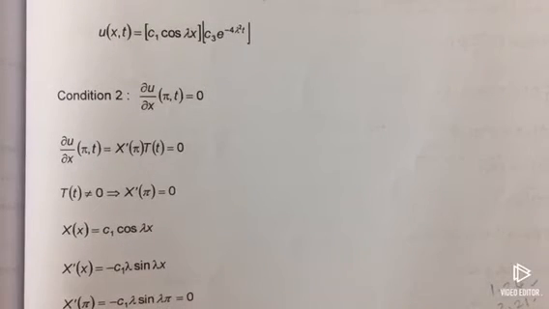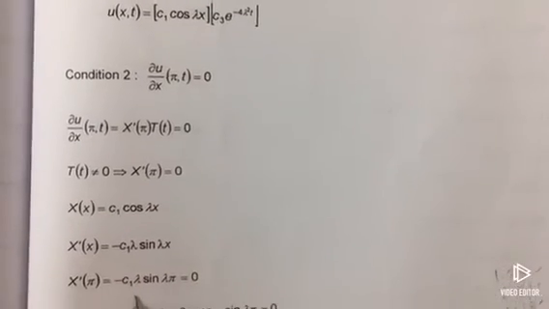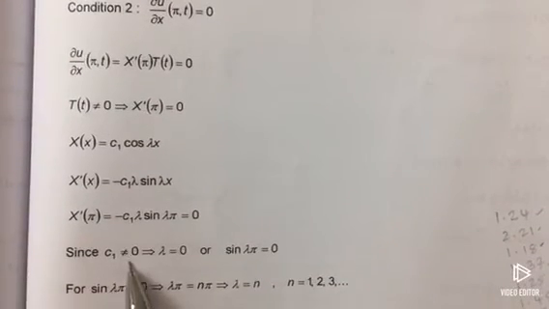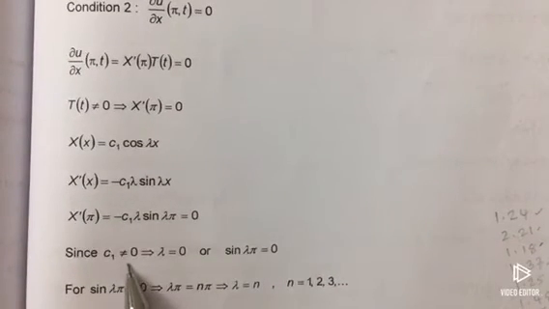Then we use the statement that C1 is not equal to 0. If C1 equals 0, we cannot get the solution in terms of x because C2 already equals 0. So C1 cannot be 0 anymore.